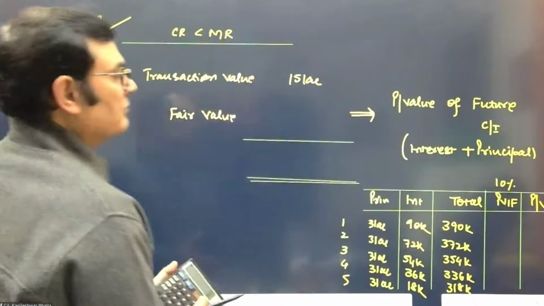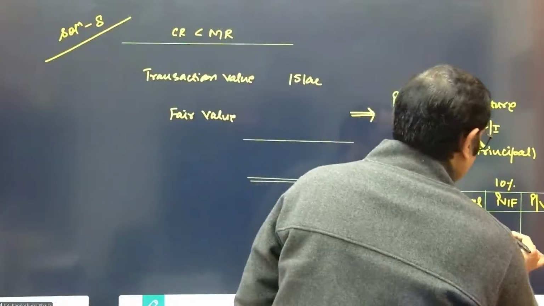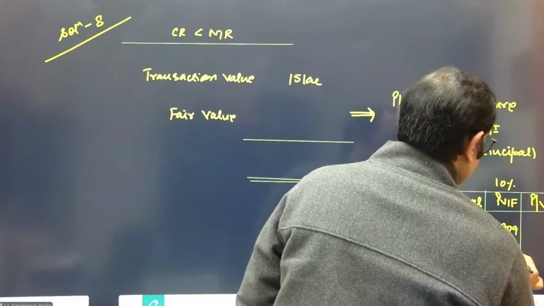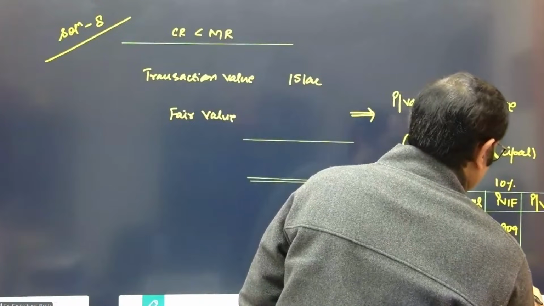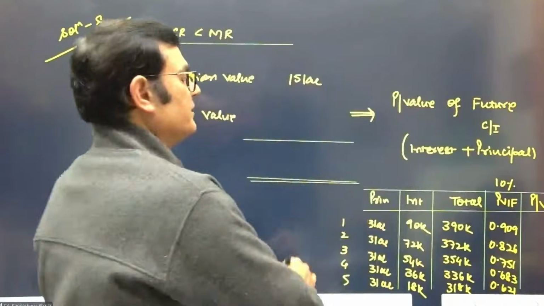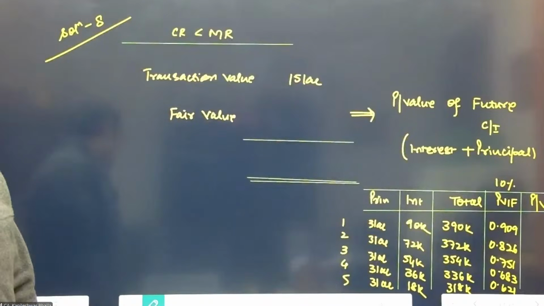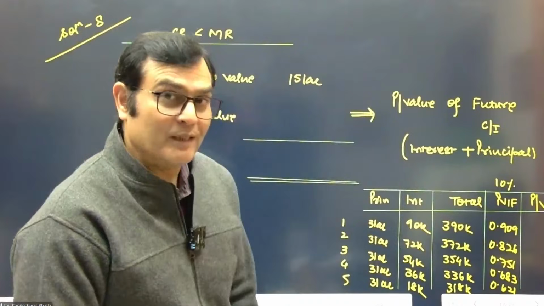And let's do the discounting at the rate of 10%. So 0.909, 0.826, 0.751, 0.683, and 0.621. So if somebody can give me the present value, that will be great.